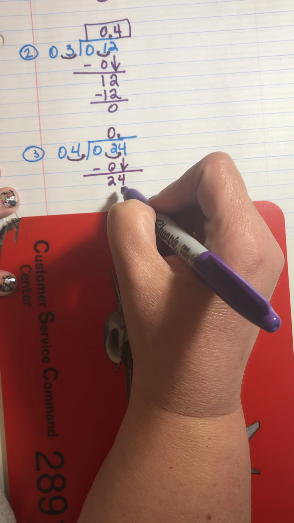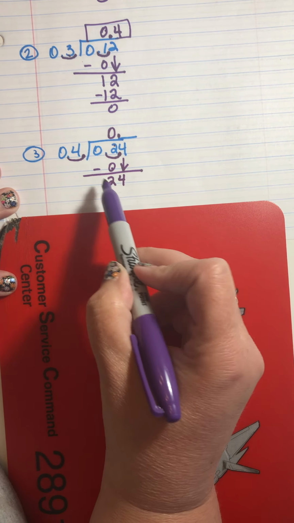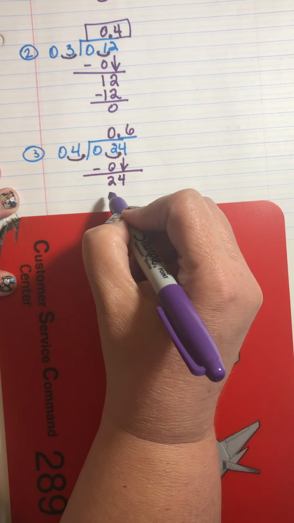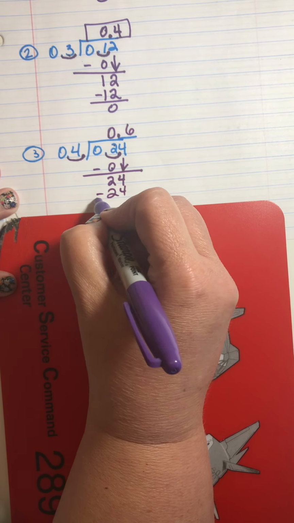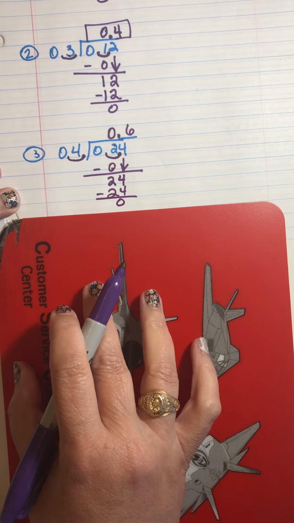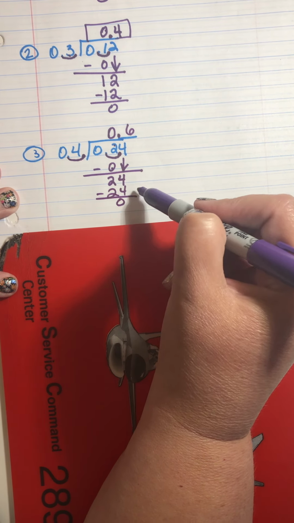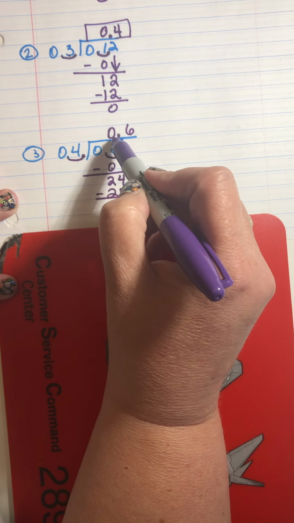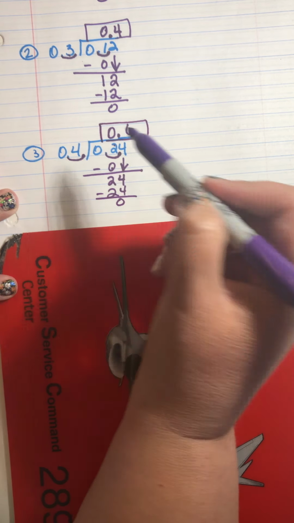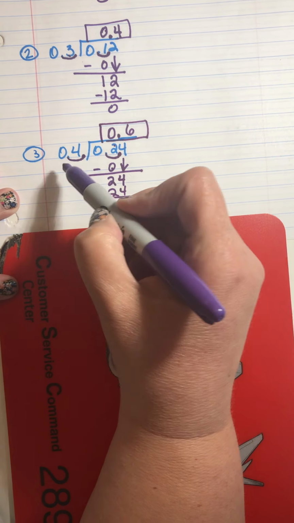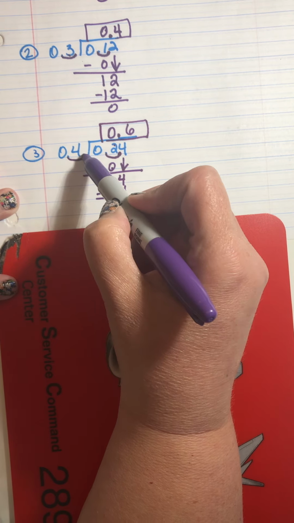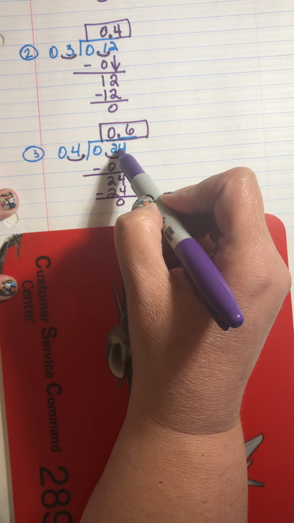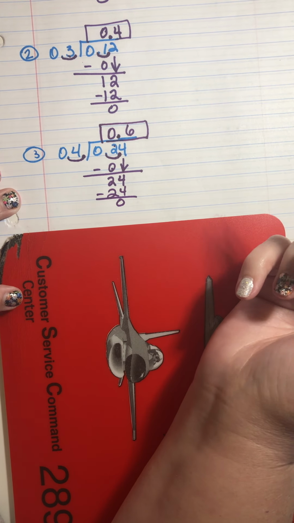So now I have a new division problem. 24 divided by 4 is 6. 6 times 4 is 24. Subtract, and I get 0. I have nothing more to bring down. I have no remainder. So I am done, and my answer is 6/10. I went over 1 on my divisor, over 1 on my dividend, and moved it straight up to my quotient.